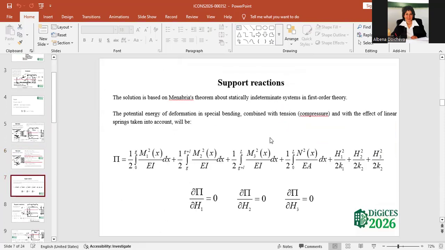The solution for the support reaction is based on the Menabrea theorem about statically indeterminate systems in the first order. The potential energy of deformation takes into account spatial bending combined with tension compression, and there is the effect of linear springs at the end of the beam.